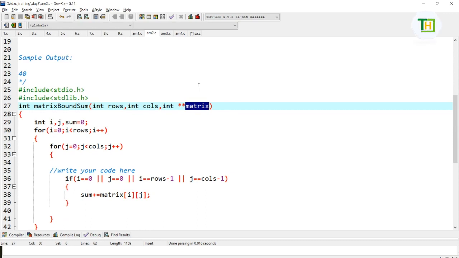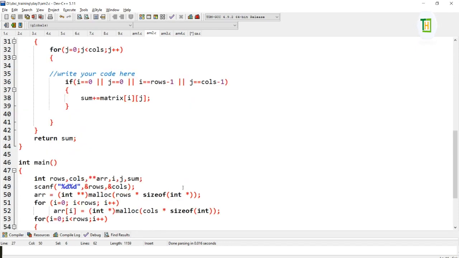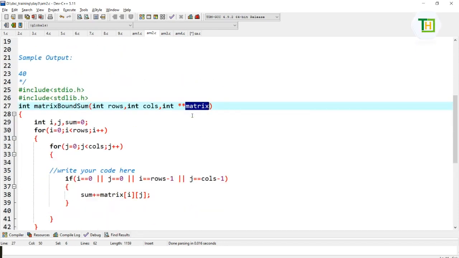When you are passing a matrix to a function, we have to write star matrix here. If it is a single dimension array, we have to write star array. If it is a matrix, we have to write star matrix. It is a 2D array. If it is a 2D array, integer array or string or anything, we have to write star.